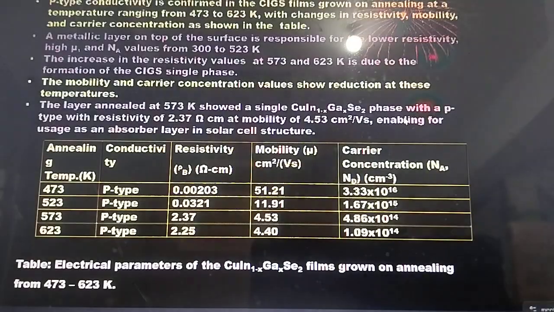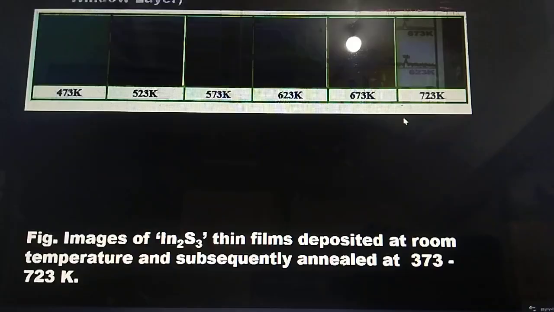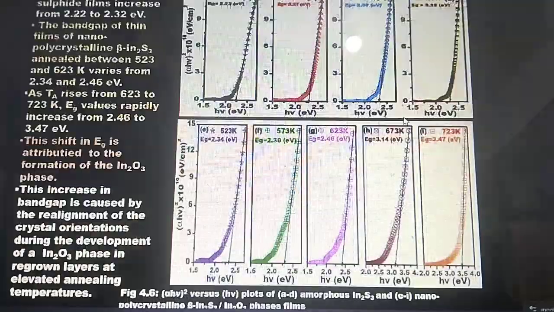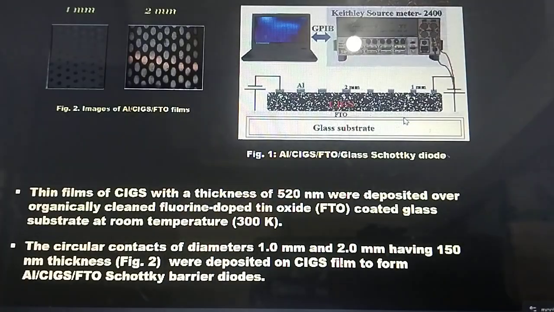On that we make a window layer of indium sulfide, and then we make diodes, the Schottky diodes. You can see the ohmic contacts also we have tested.